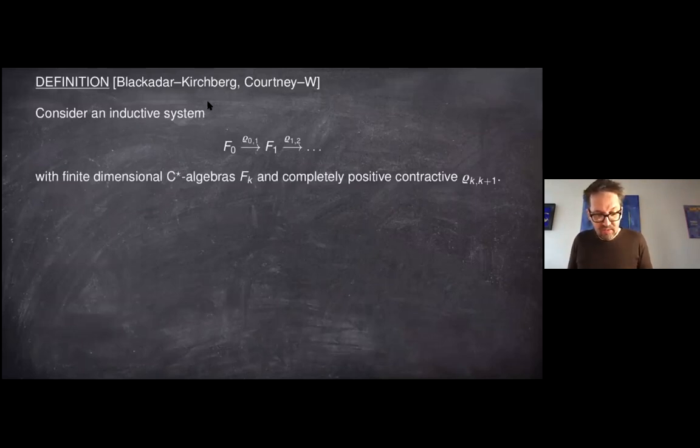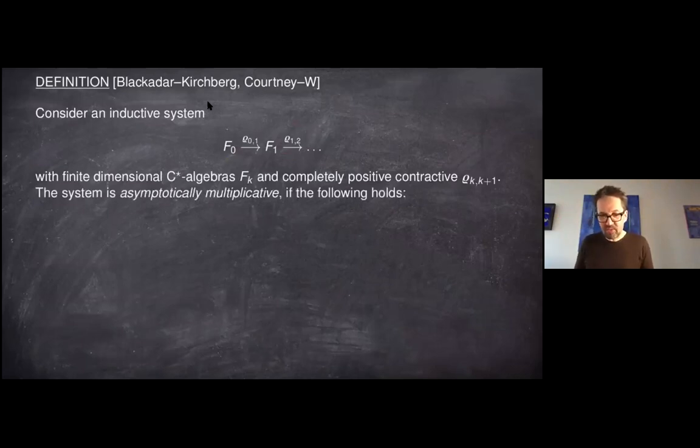So now let's consider again a system like this, where the F_k are finite dimensional C-star algebras and the connecting maps are completely positive contractions. All right, and now I'm not assuming that there's a C-star algebra A waiting for me in the background.